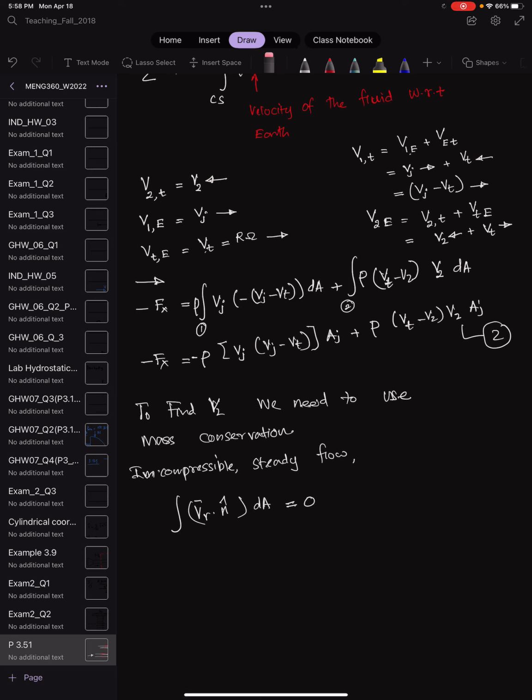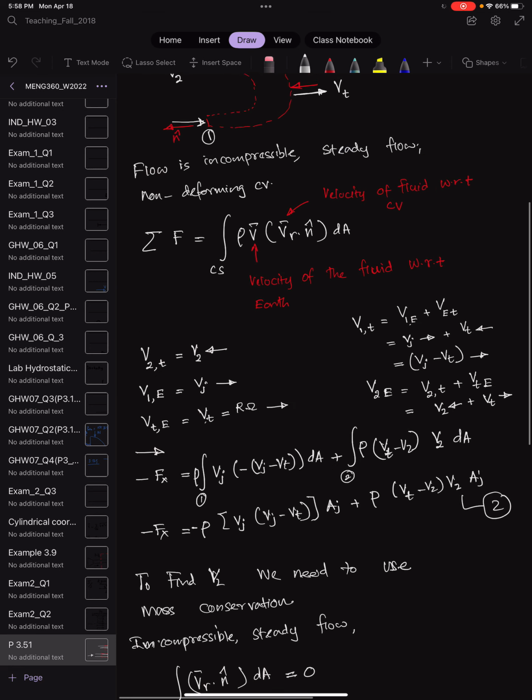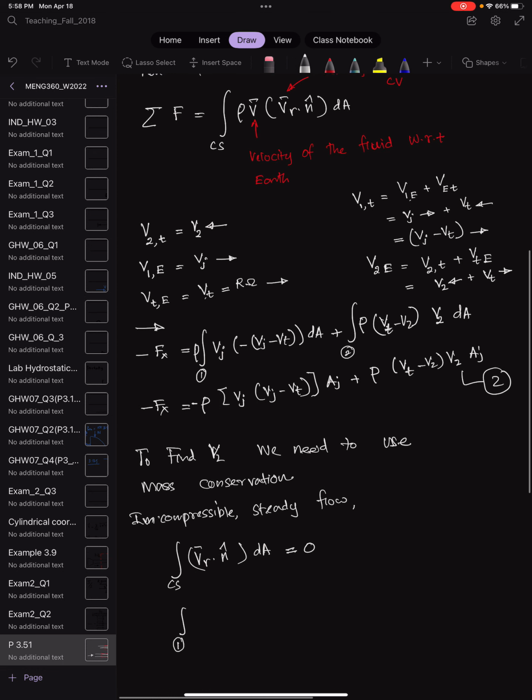So for the first cross section, we have velocity with respect to the control volume.